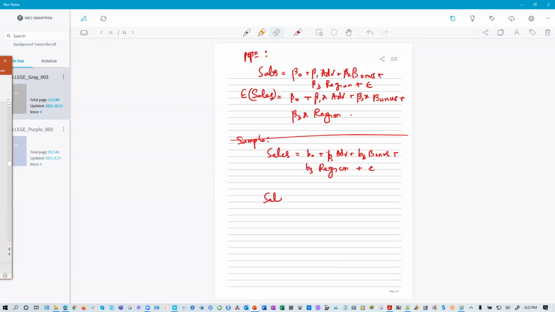Or if you write without the residual, you put the hat: B naught, B1 hat, B2 bonus plus B3 region. Do you know all these values?